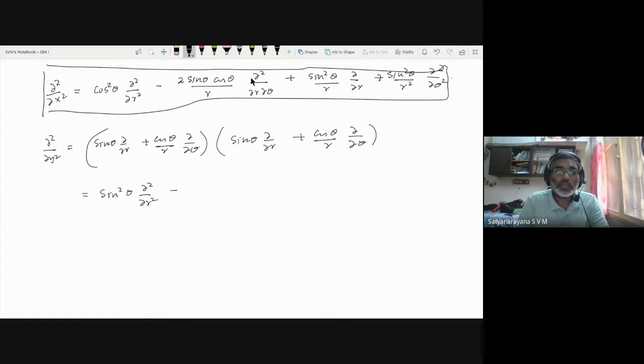So you get this as sine square theta into dou square by dou r square, and this one will have, so that will be plus, sine theta, minus sine theta cos theta by r square into dou by dou theta. Okay, and then sine theta cos theta by r plus sine theta cos theta by r into dou square by dou r dou theta.